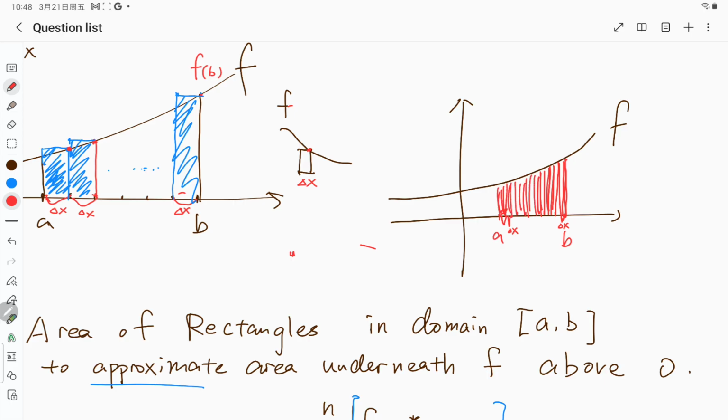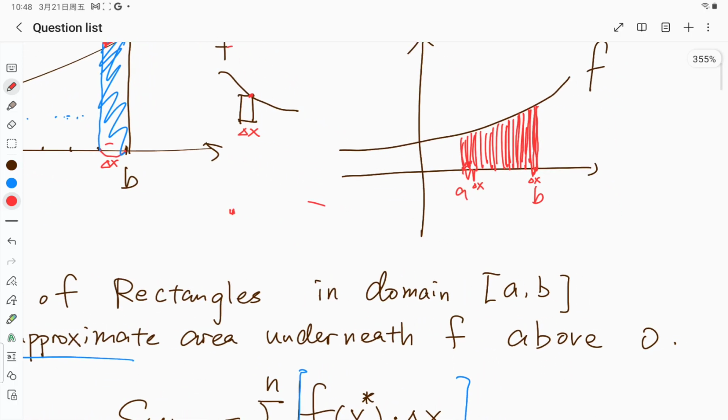And then, because these rectangles become arbitrarily thin, the difference between the rectangle area and the area below the smooth curve will be arbitrarily close, right? So this rectangle will be arbitrarily close to the actual area underneath the smooth curve, right?